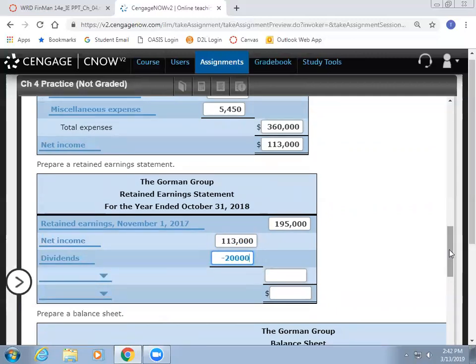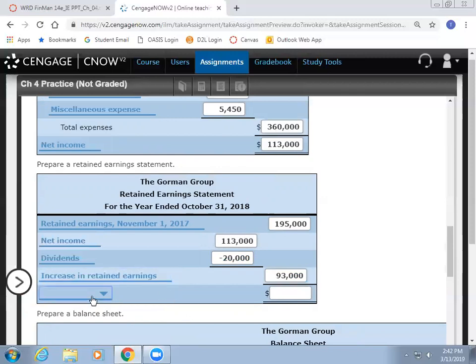So I put them in as a negative just so I see that they're being taken out. It's visually helpful. So net income minus dividends, so $113,000 minus $20,000, what, $93,000? So that is what we call increase in retained earnings, net income minus dividends, $93,000.